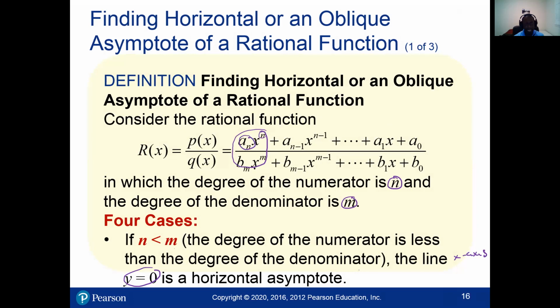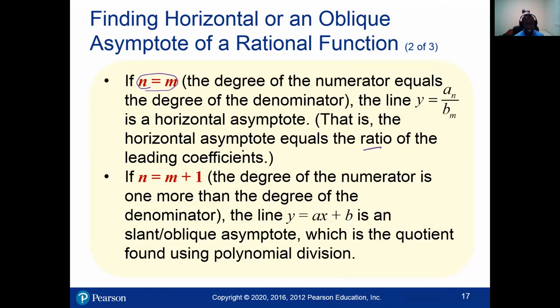The leading coefficient of the denominator is b_m. So if the degrees of the numerator and denominator are equal, then the line y is equal to the ratio a_n over b_m, and that is your horizontal asymptote.